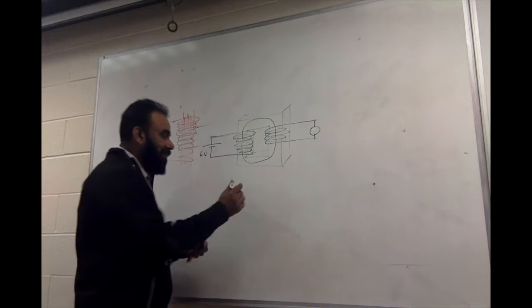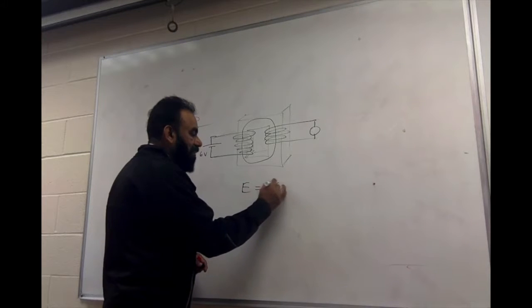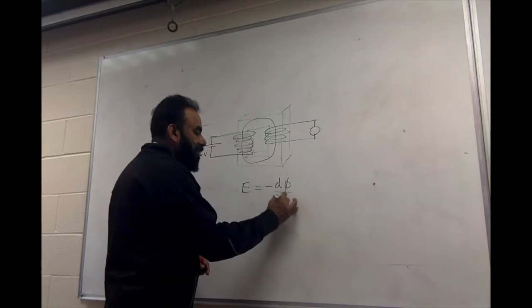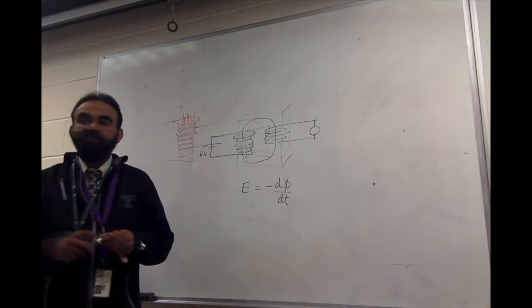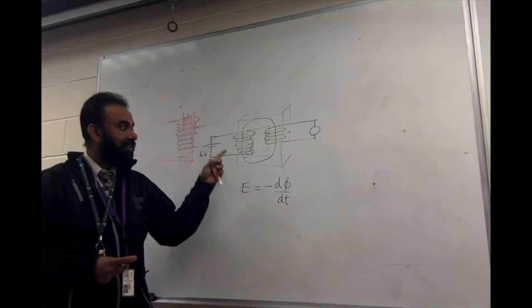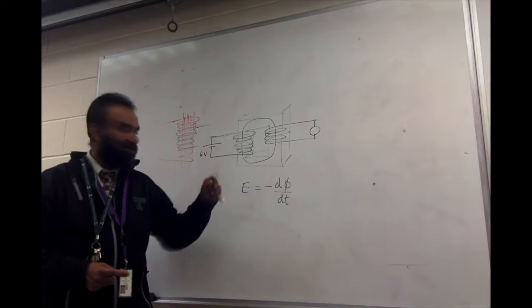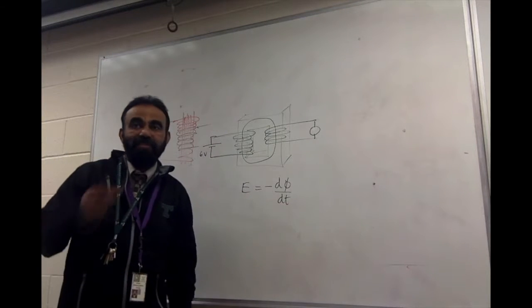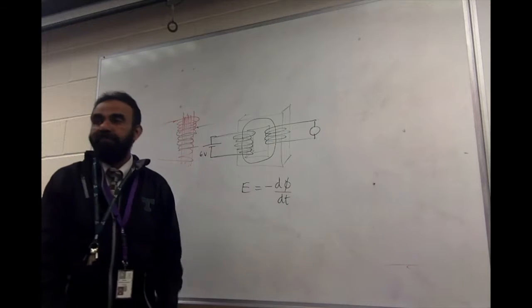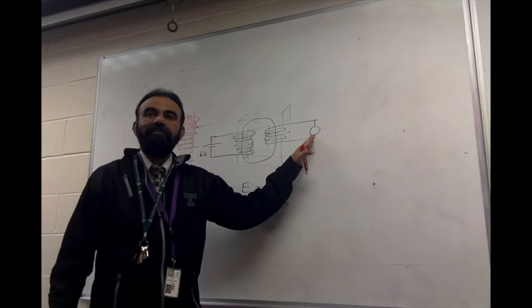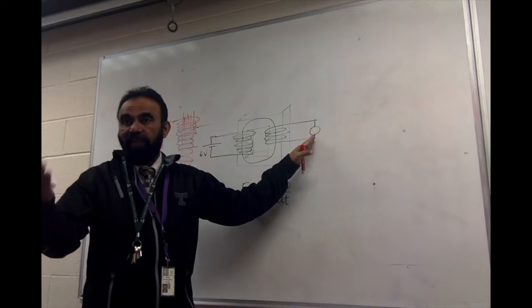And according to Faraday's law, E is minus d phi over dt. So there is no flux change. There is flux, but there is no flux change. So according to Faraday's law, unless there is a change of flux, you won't have an EMF. So nothing is here. That was what Faraday did, and he failed, right?